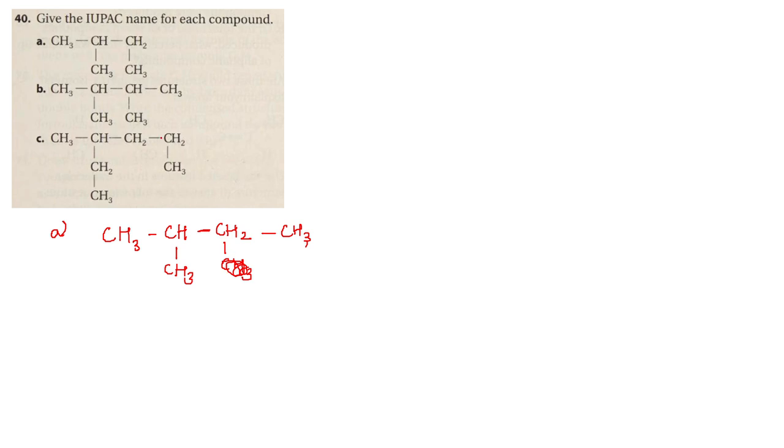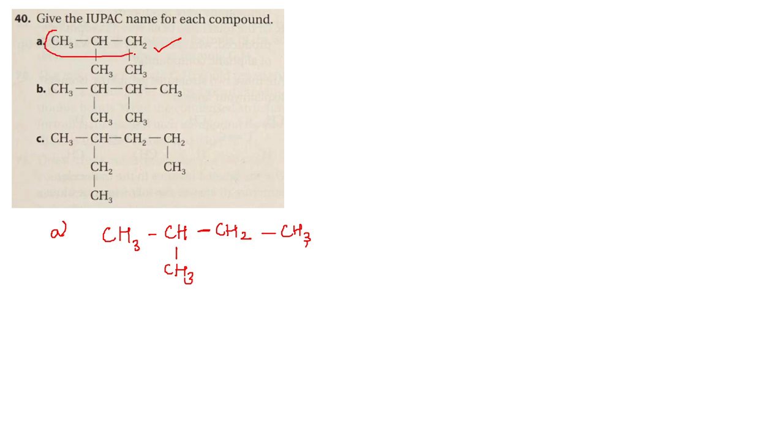Does this structure and the one shown in the question differ? Are they the same? I want you to identify the longest chain in this structure. How many carbon atoms long is the longest chain?